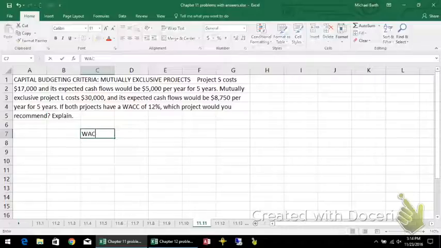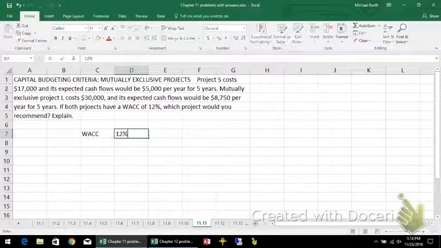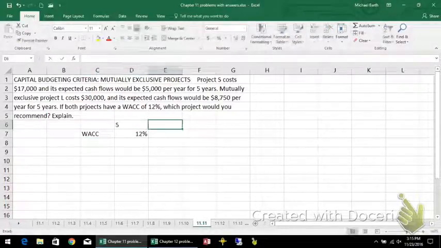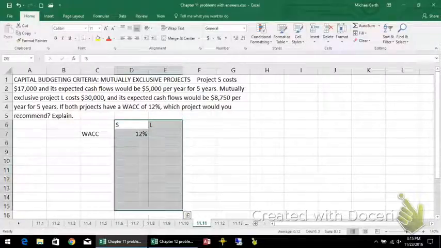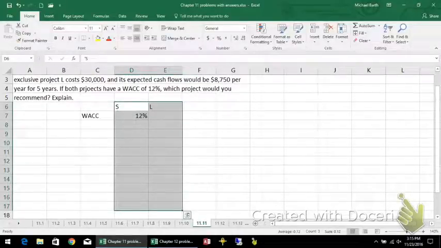Okay, so the WACC for both projects, S and L, for short and long, I guess, is the same. Both have the same weighted average cost of capital.